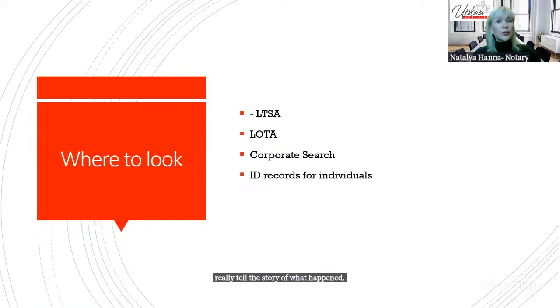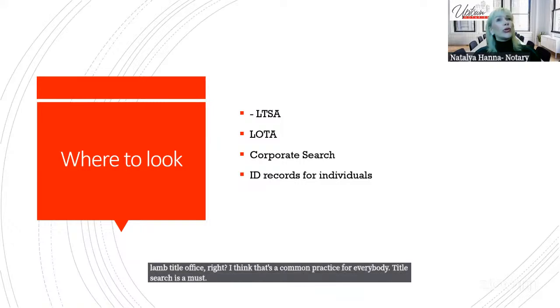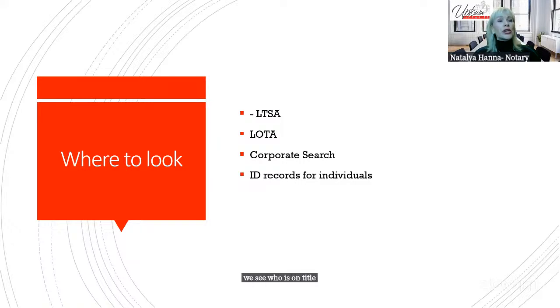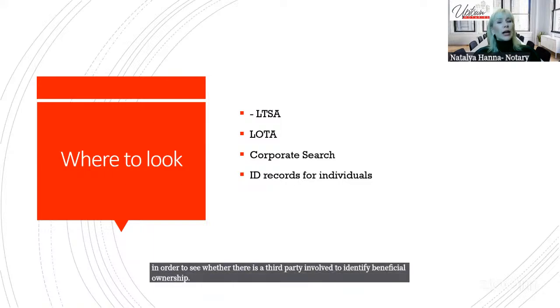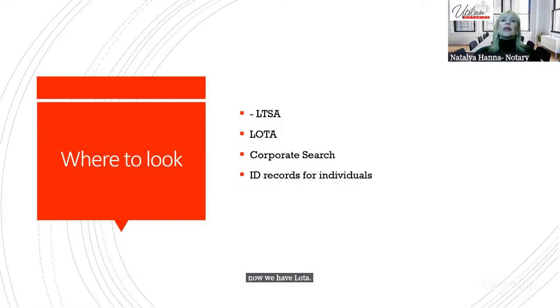Tools available for you, of course, the land title office, right? I think that's a common practice for everybody. Title search is a must. We see who is on title in order to see whether there is a third party involved, to identify beneficial ownership. Now we have LOTA, and those LOTA reports are also available to pull. It's public information.